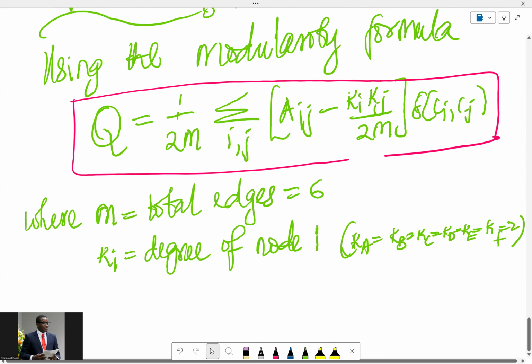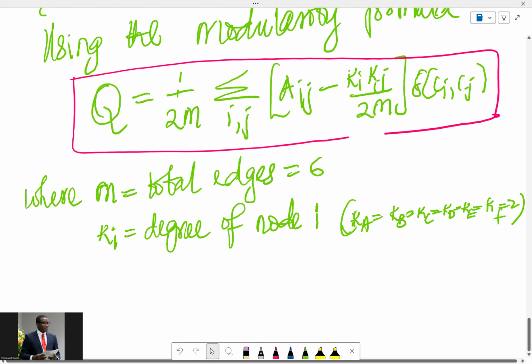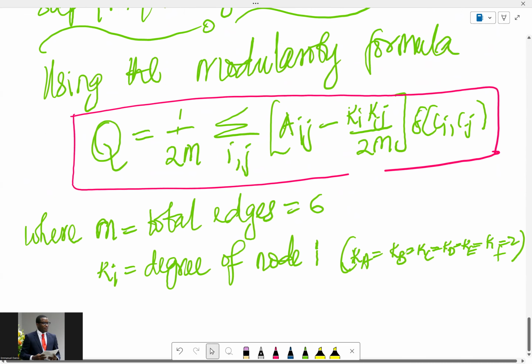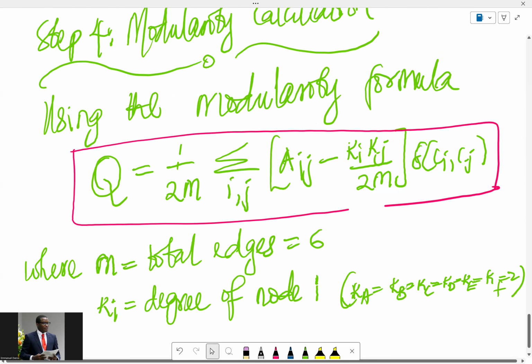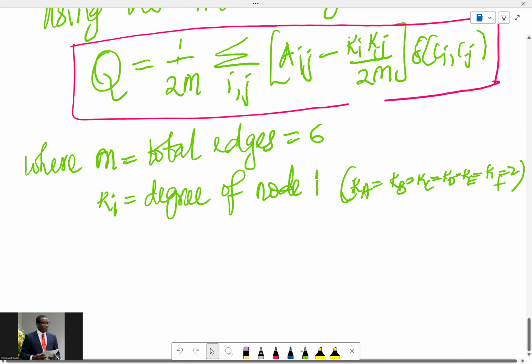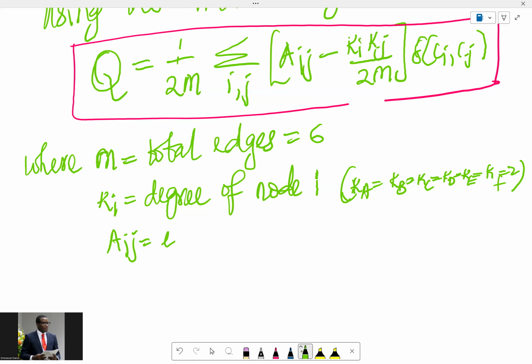And then if we say kikj, maybe if you're looking at A and B now, you can have AAB minus kAkB over 2m or something like that. Of course Aij is actually the value of the adjacency matrix. So Aij are elements of the adjacency matrix.